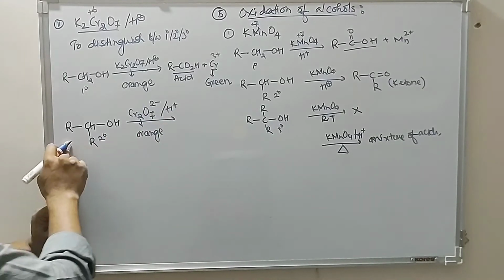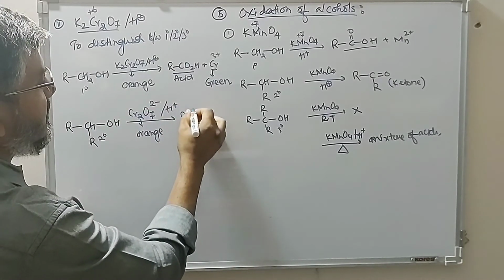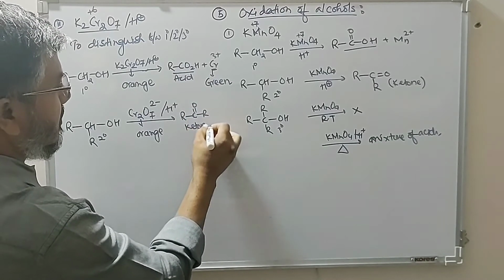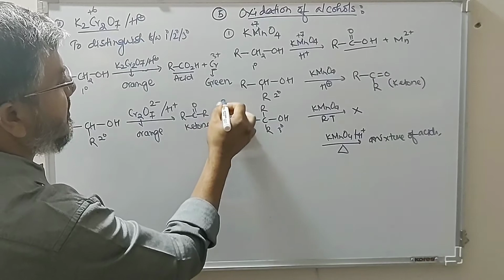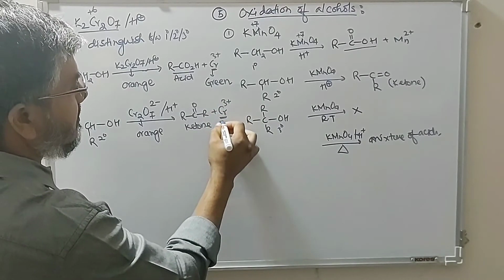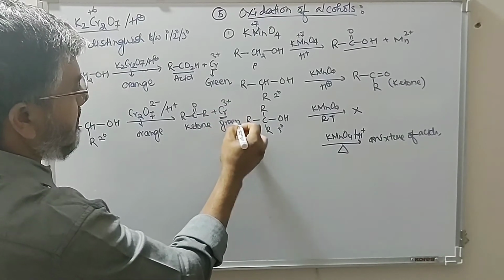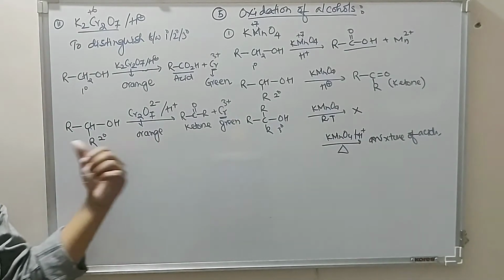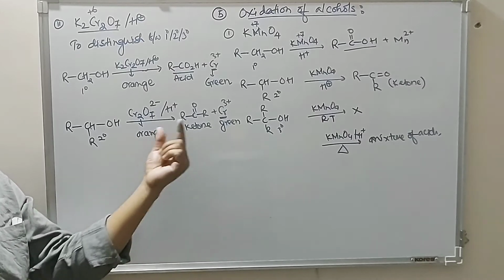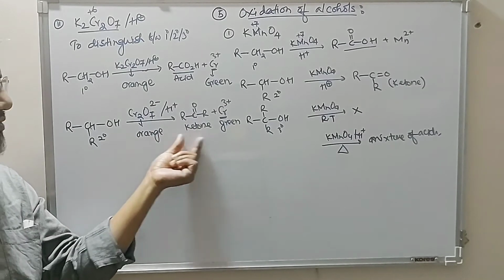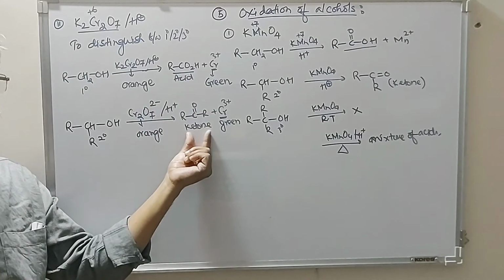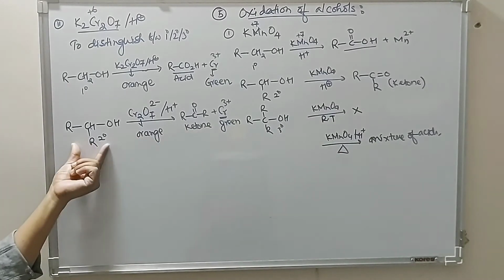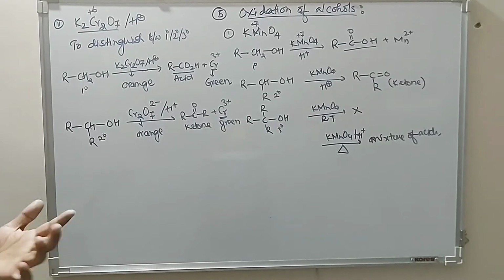Secondary alcohol on oxidation gives you ketone, plus chromium changes to plus 3, again green. So in the second case, the same color change is observed, but the products are different. So we have to analyze the product. If the product is not acid, then the product has to be ketone, then the corresponding alcohol should be secondary alcohol.